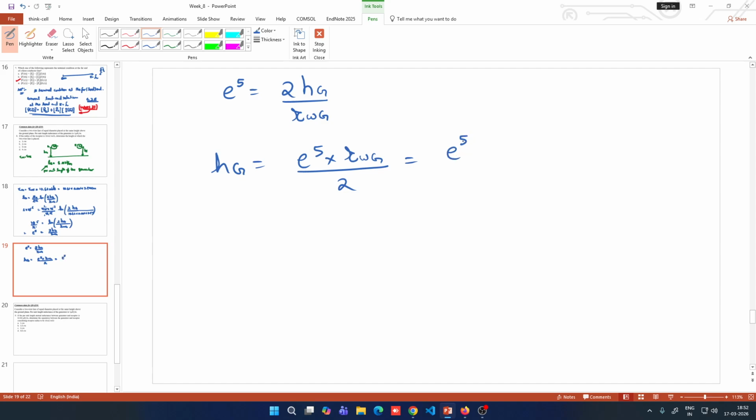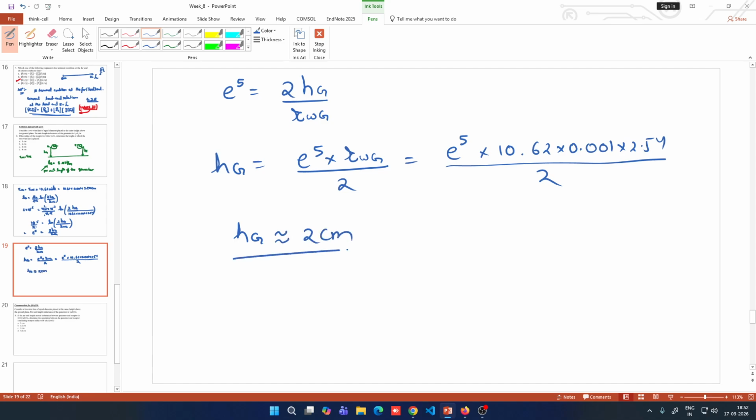We can calculate e to the power 5, and Rwg is 10.62 times 0.001 times 2.54, divided by 2. When we solve it, Hg comes out to be approximately 2 centimeters.